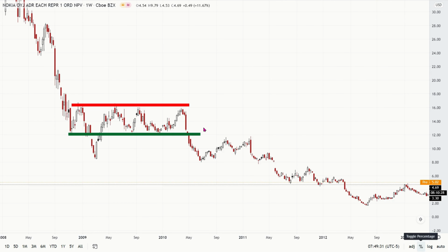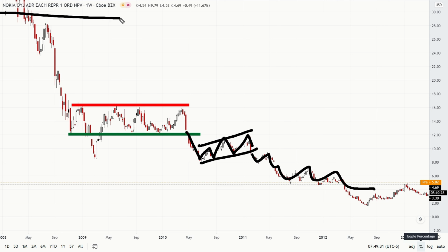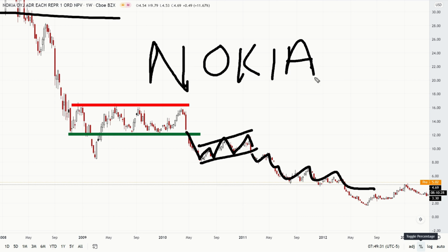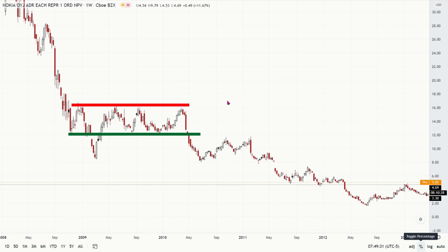I didn't name this right here. But sometimes after a bearish flag, you can see something like this. It's forming another one right here before it continues to go down. Because it's Nokia. Well, Apple's up, Nokia's bye bye. A lot of people know about the Nokia story, right?